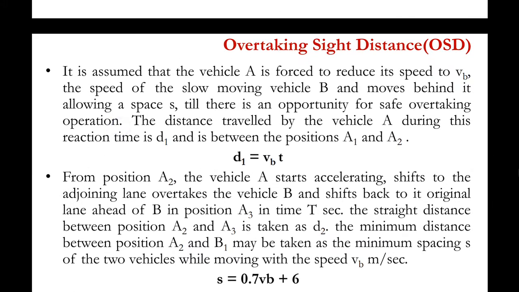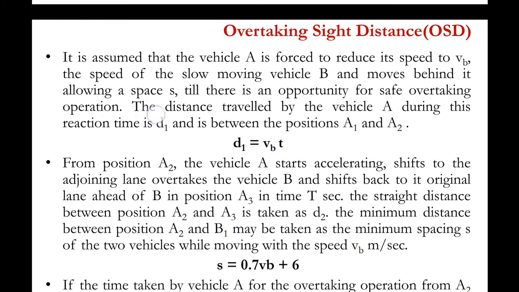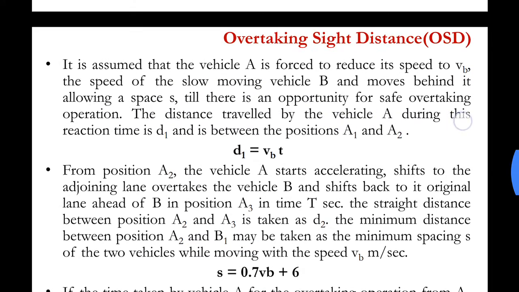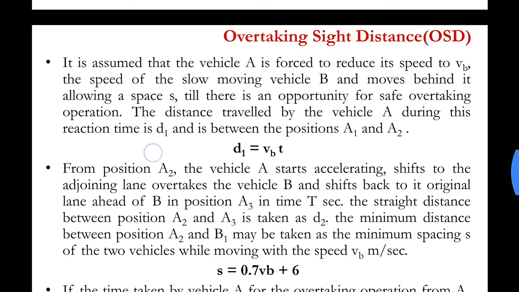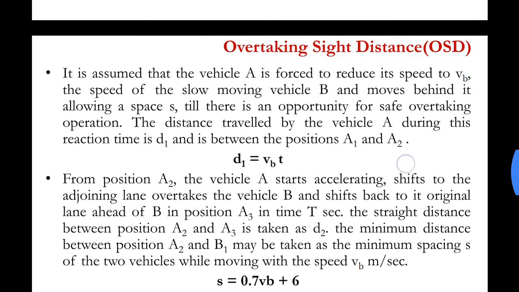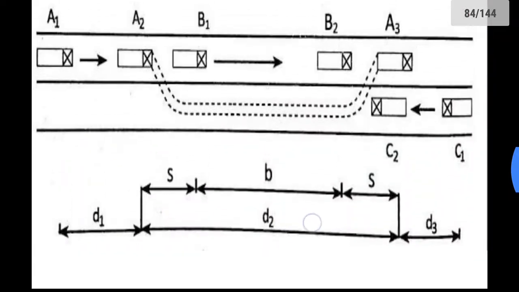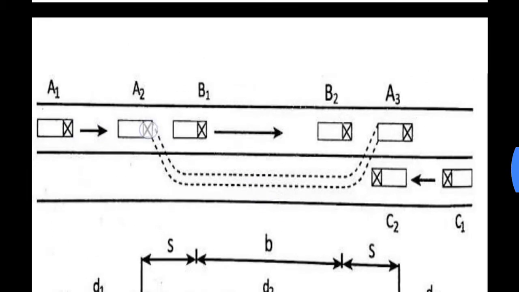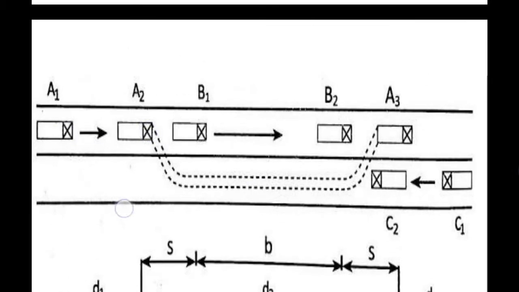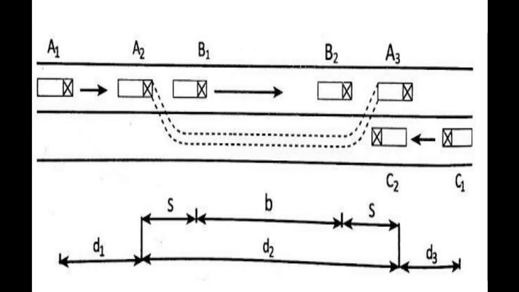I already discussed this. The distance traveled by vehicle A during this reaction time is d1, the distance between A1 and A2, for a time t and traveling at a speed of Vb, would be distance.